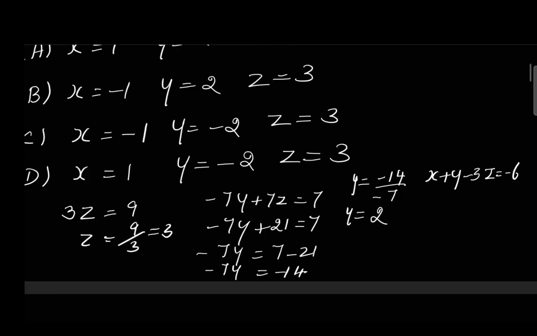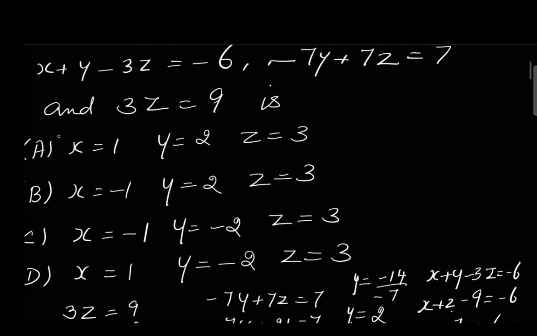So x plus 2 minus 3 threes, which is 9, is equal to minus 6. So x minus 7 is equal to minus 6, so x equal to minus 6 plus 7, x equal to 1. You got the solution, x is 1, y is 2, z is 3, and this is option A.